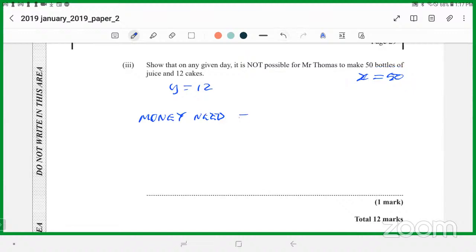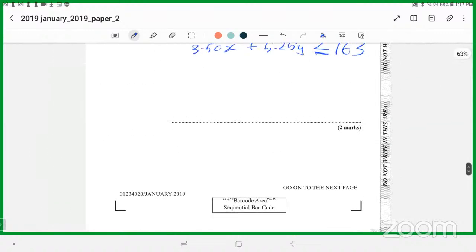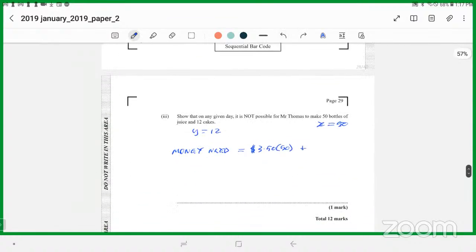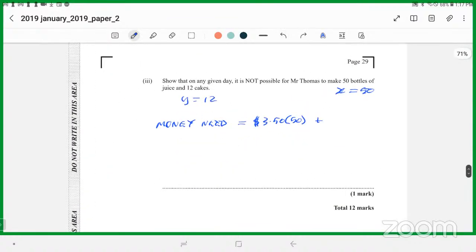So you would need $3.50 times 50 bottles, plus you spend $5.25 on each cake. Plus you would need $5.25 for each of the 12 cakes.